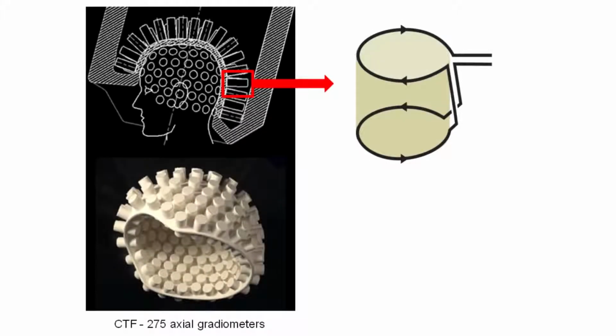So going to the CTF system, it has a completely different design. There are 2 main systems used at this moment, a 151 channel system and a 275 channel system, and they both use axial gradiometers. It is difficult to make axial gradiometers using chips, so instead coils are mounted along tubes on the inside of the MEG helmet.